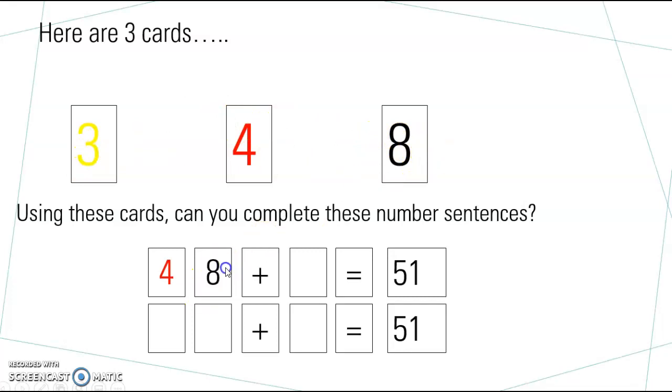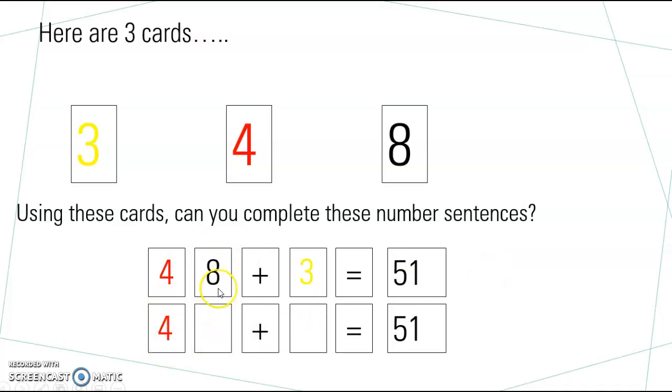So for example, if I put the 3 or the 8 there, 48 add 3 equals 51. If we did that in our heads and we had 48 and counted on 3, 48, so 49, 50, 51, then that number is correct.